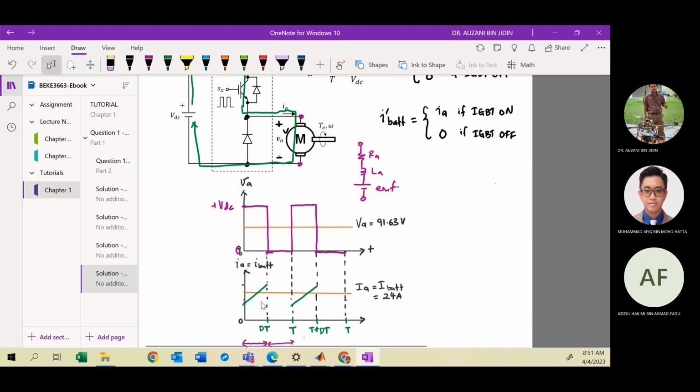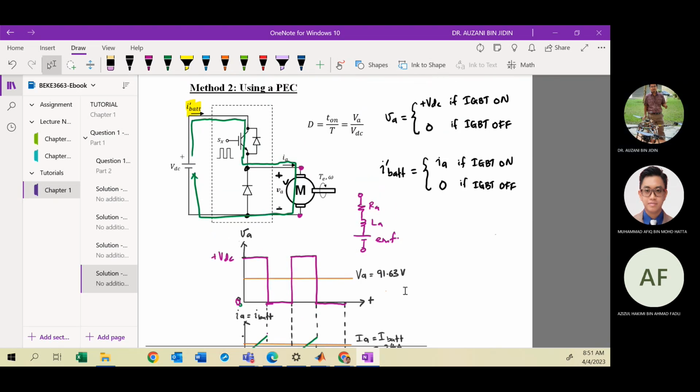But when the switch is off, maybe I use blue color. So the IGBT blocks the current. The current in the inductor, because the inductor is the energy storage, releases the energy. So it must have a path for the current to flow, to discharge. The only path it can flow is through the diode.